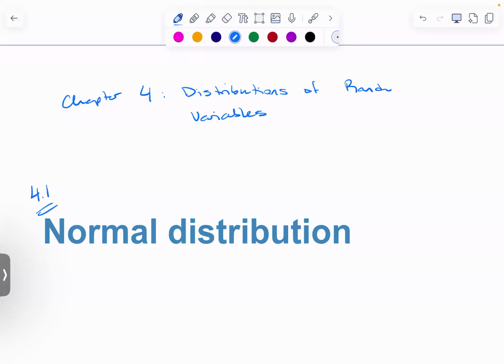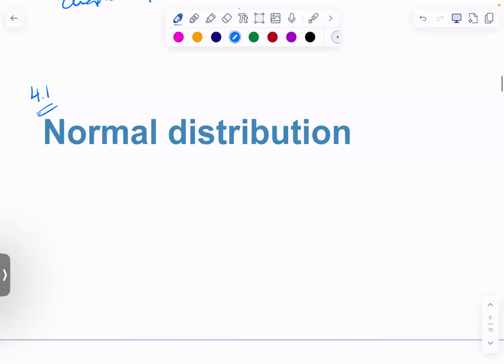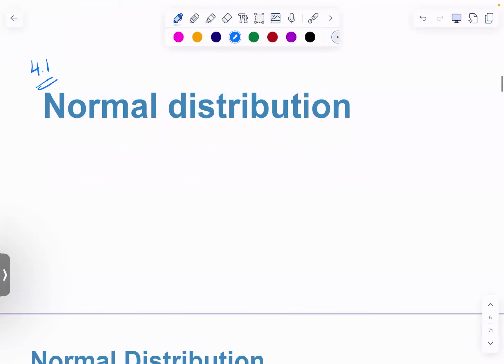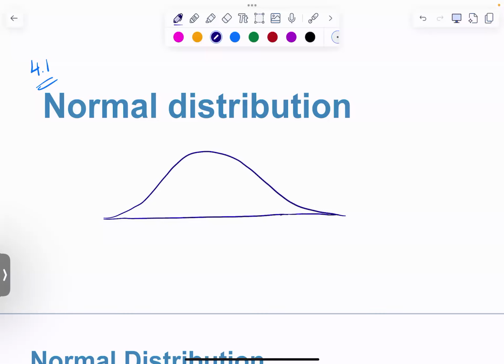Chapter 4, which is distributions of random variables. We talk a lot about random variables, but the normal distribution is also a random variable, unlike last day, when we talked about a discrete random variable. The normal distribution looks like this. It's this bell shape.